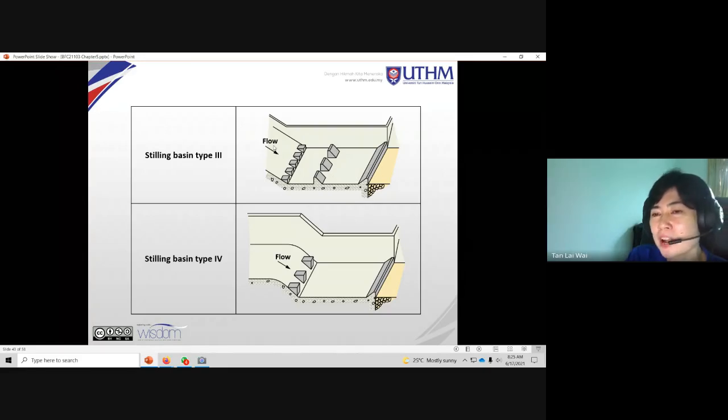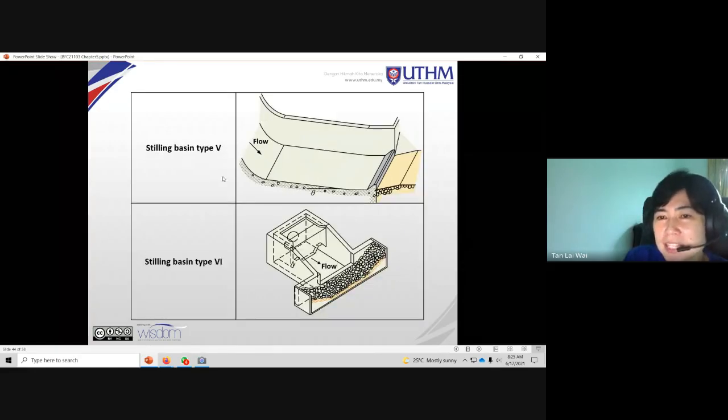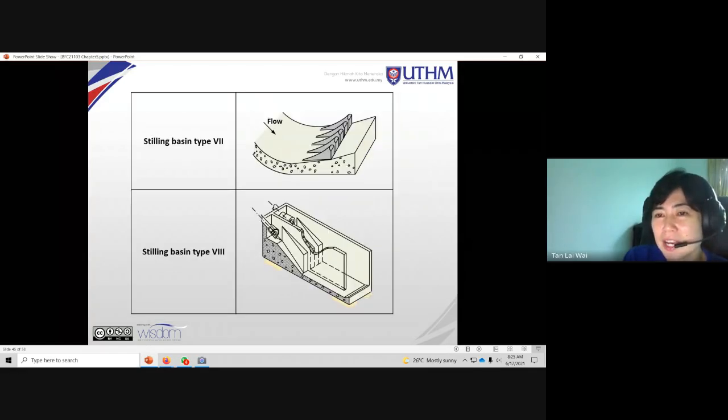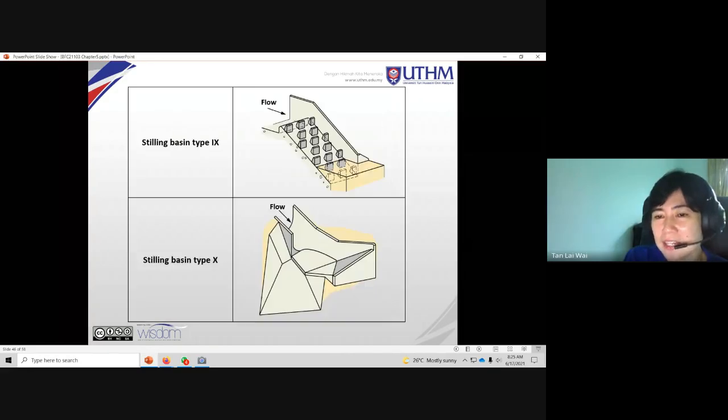The flow is coming down from our left towards the right. Then you have stilling basin type 4, and then types 5, 6, 7, 8, 9, 10.